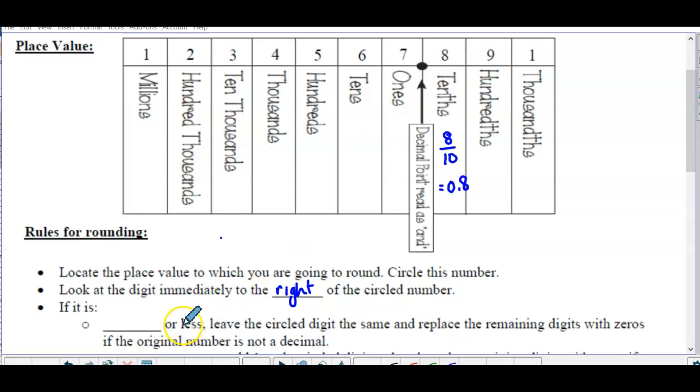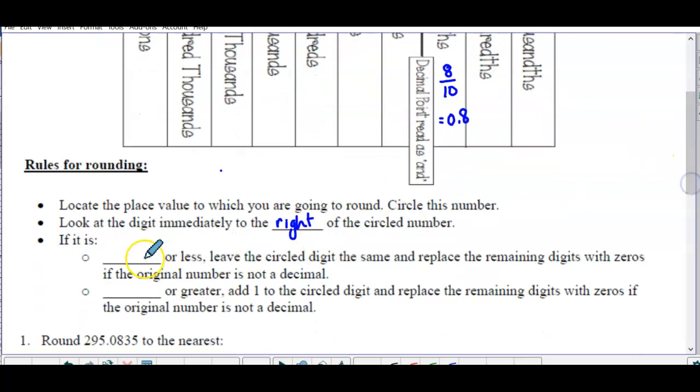So what happens when we actually round depends on the digit afterwards. So we've chosen 8, we want to look to the right. In these situations, this would be for 4 or less. This would be 5 or greater.